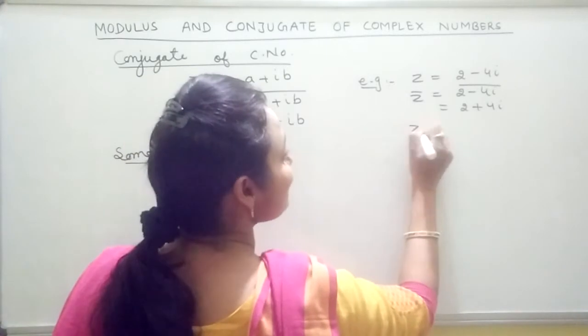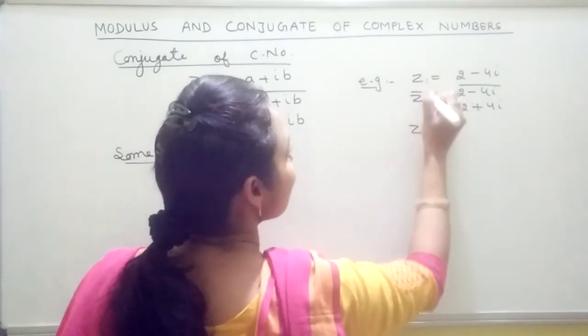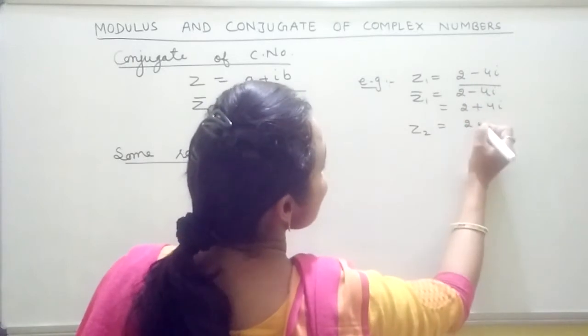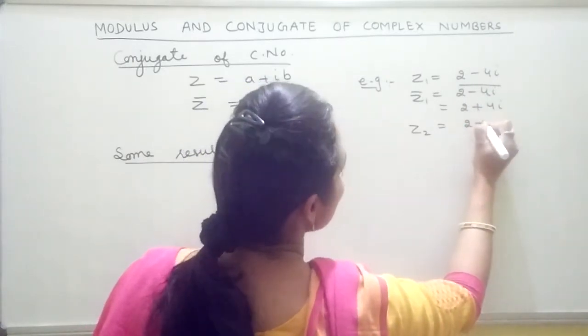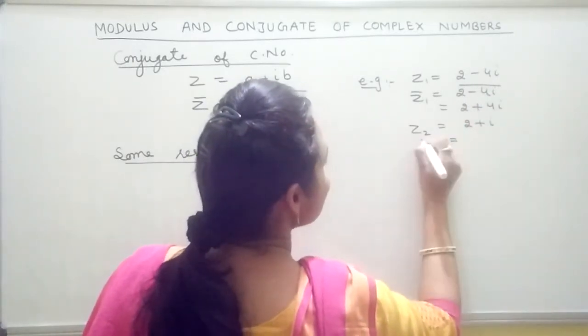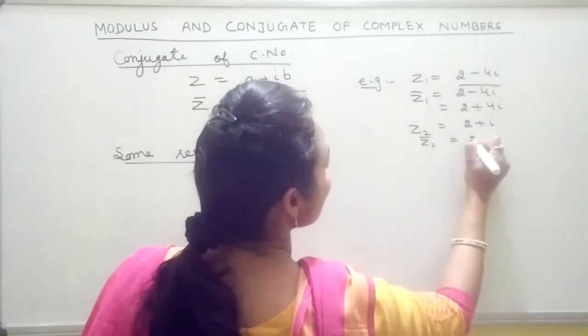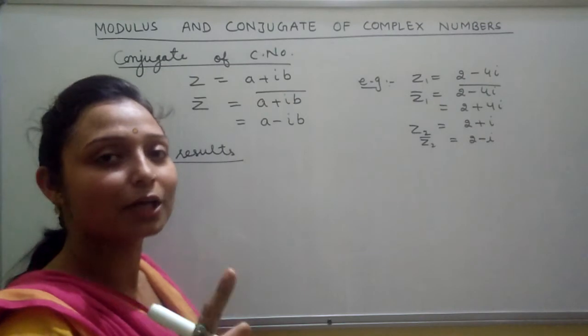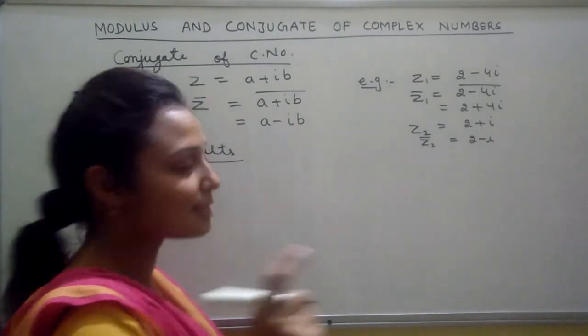Similarly, if z2 is 2 plus iota, then z2 bar is 2 minus iota. Ultimately you have to change the sign of the imaginary part. Okay, this is the conjugate.